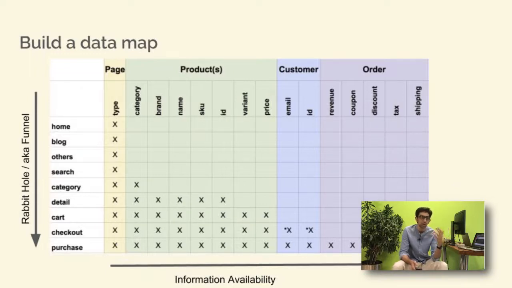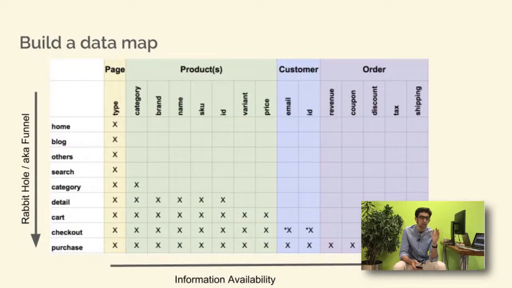And if they're adding something to cart, they'll also select their variant, so you'll know precisely what the price of that variant was, and you can pass that information into your data map. So this exercise, as you can see in the slides, is just building that process, and documenting what information is available and where.